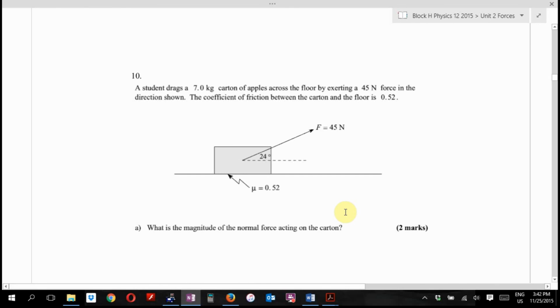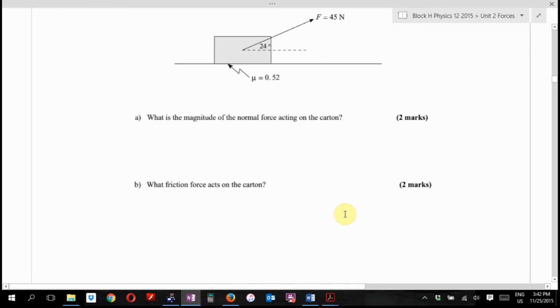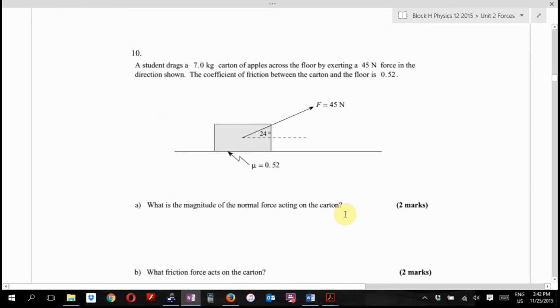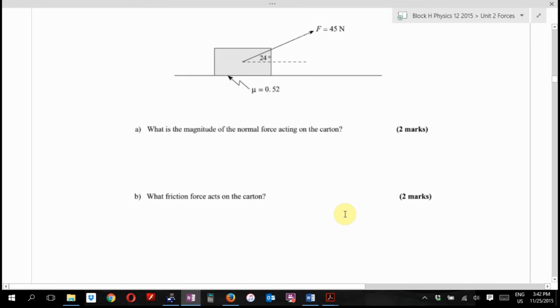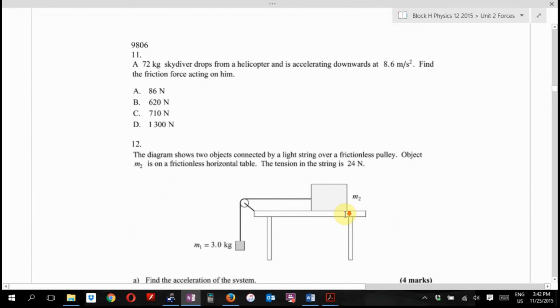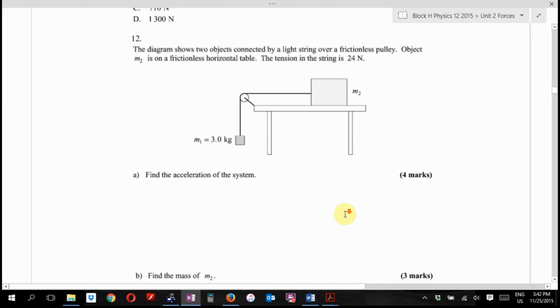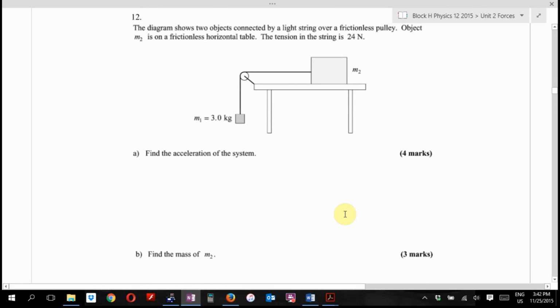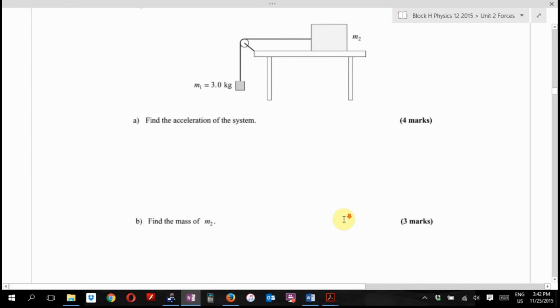Here's a lawnmower question. Twelve, finding a mystery mass. This time with friction, makes it a little more interesting. Oh, no, frictionless, really? Okay.